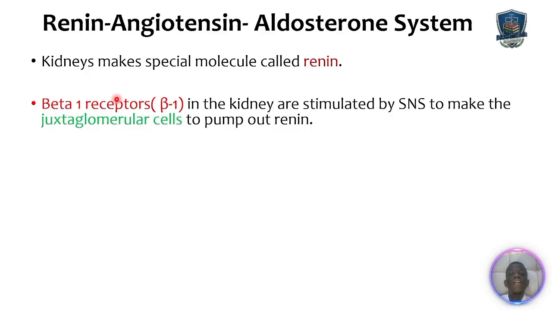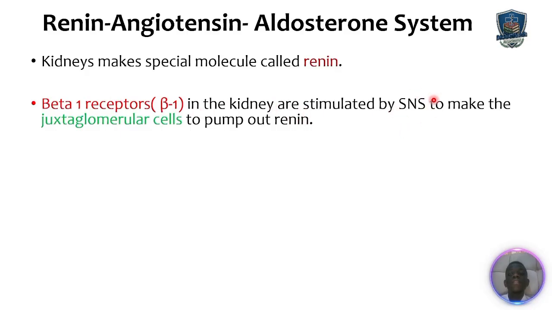The beta 2 receptors are found on the bronchial muscles. The beta 1 receptors found on the kidney are always stimulated by the sympathetic nervous system. Once that happens, the special cells in the kidney called the juxtaglomerular cells will pump out our renin.